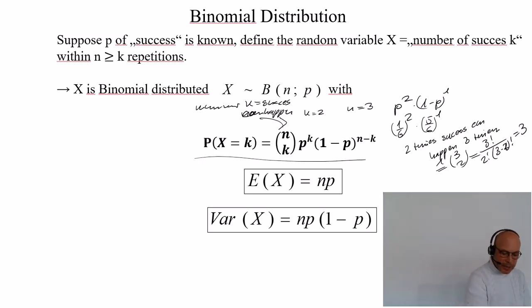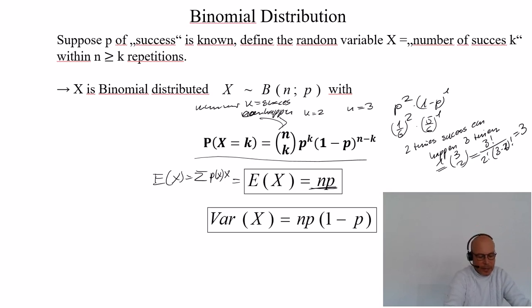Well, and then using this probability, using the definition of the expected value, E of x is the sum over P of x times x, we obtain that the expected value in the binomial distribution is just n times p, and using the definition of the variance, we obtain n times p times 1 minus p.